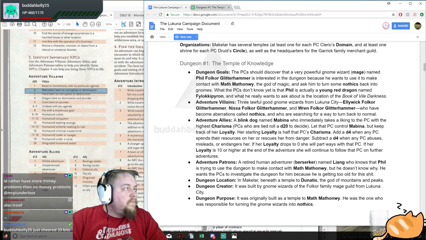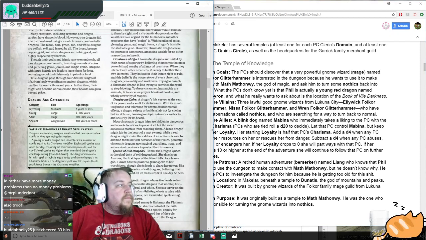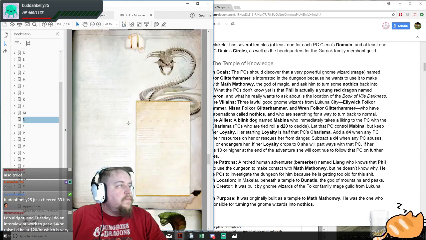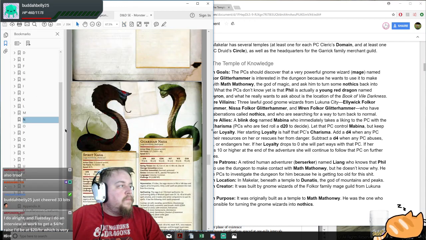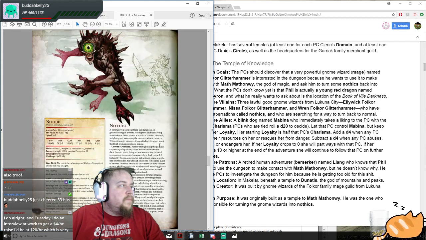So I looked through the book, and basically the only 2 that are quote-unquote level appropriate are the Intellect Devourer and the Nothic. And I went with the Nothic because of other rolls I did.